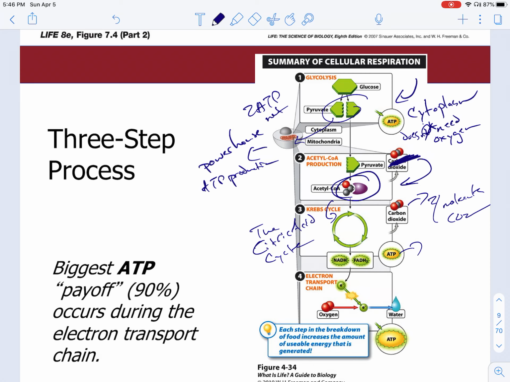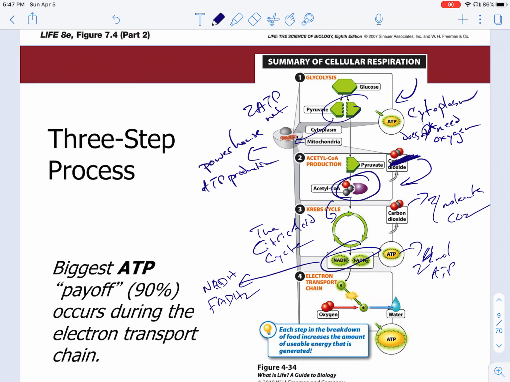You make a little bit of ATP, another 2 molecules of ATP. And then you reduce the electron carriers NADH and FADH2.